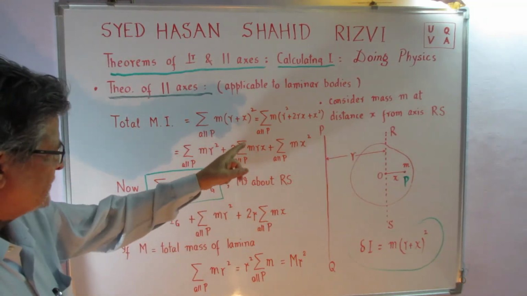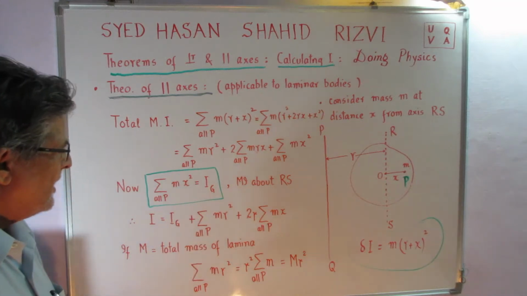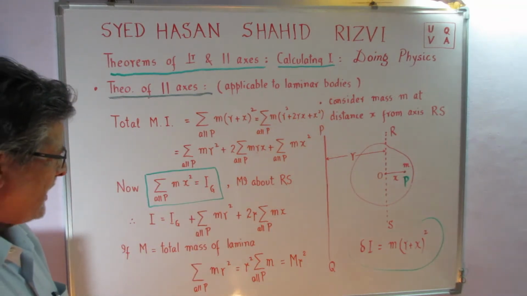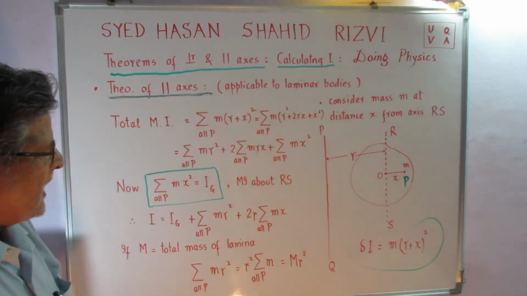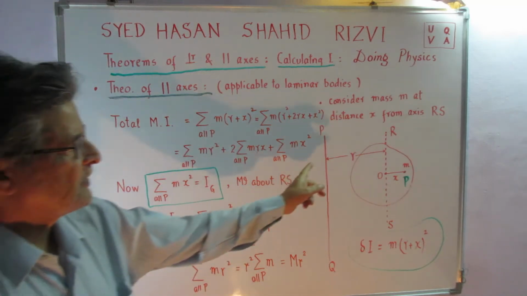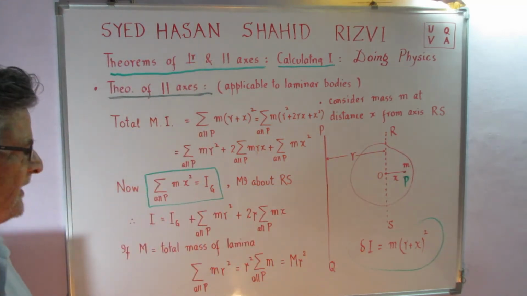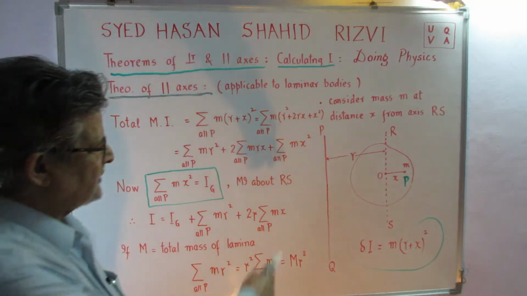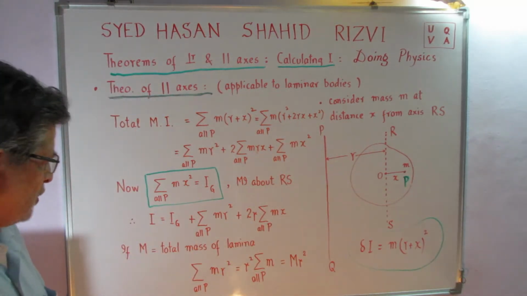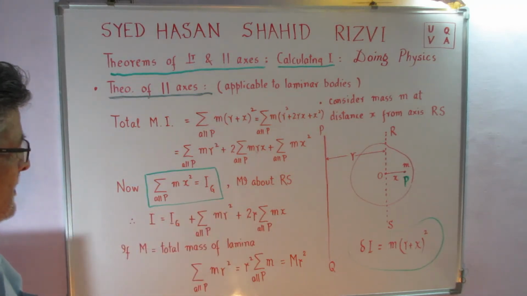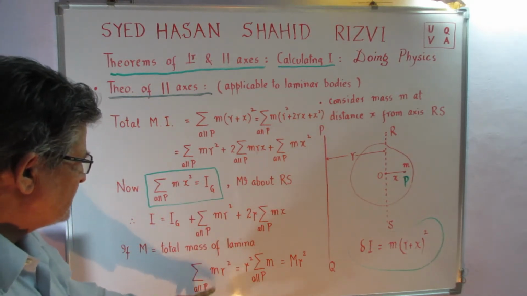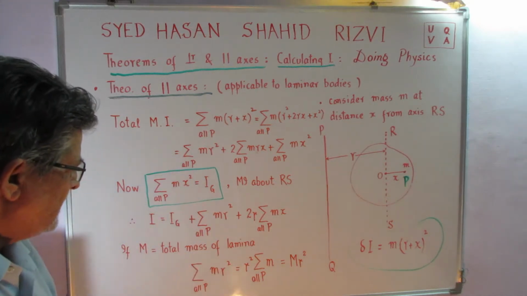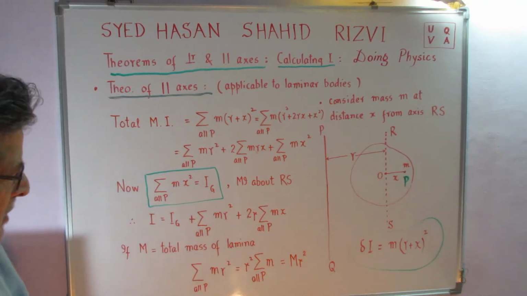Plus this term I am shifting here, sigma mr square, plus 2r, taking out the sigma of mx because r is a constant. You can see r is not changing. It is the distance of the axis Rs from the axis PQ. So if m is the total mass of the lamina, I can write this term as sigma over all P of mr square. R is a constant, so I take it out.